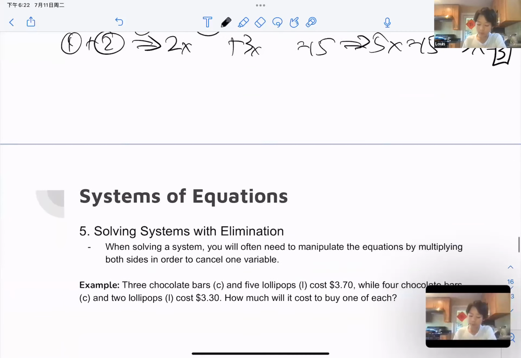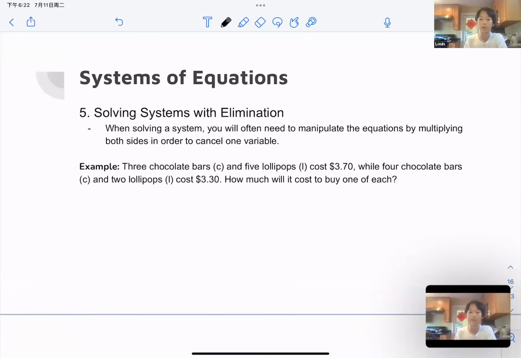So sometimes you have to multiply an equation by a constant, or sometimes multiply both equations by a constant in order to find one that can cancel. So I'll give you guys a minute to try and solve this problem. This problem right here.